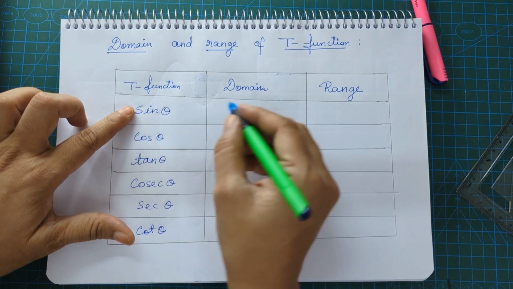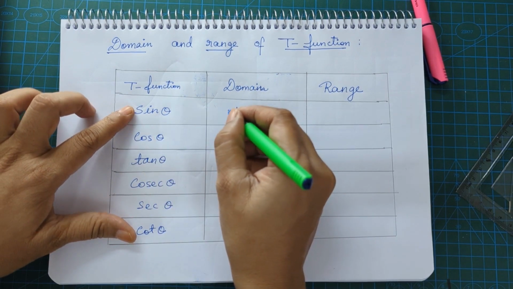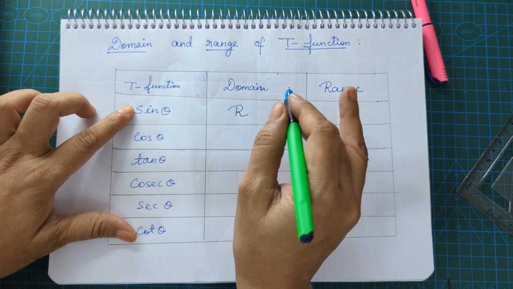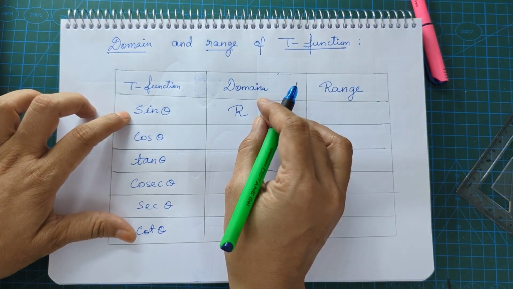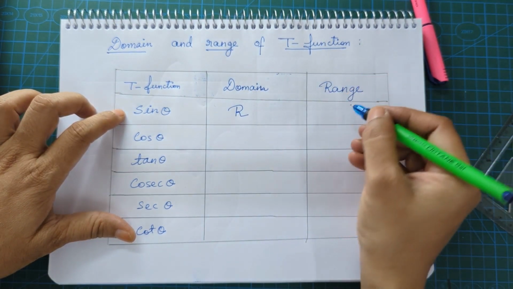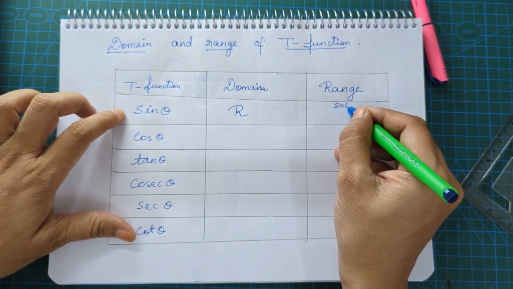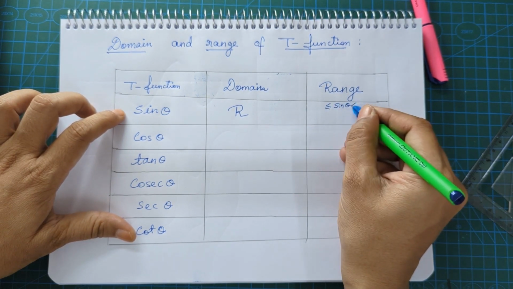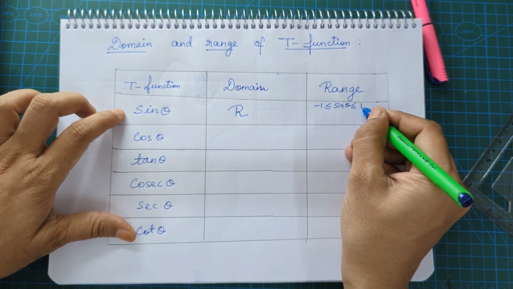So sine theta is defined for all real values, R for real numbers. Whatever be the real number, sine theta has a value. But the condition is that sine of an angle, where that angle is a real number, always lies between -1 and 1.